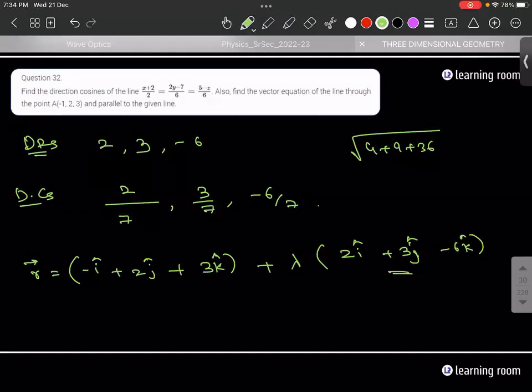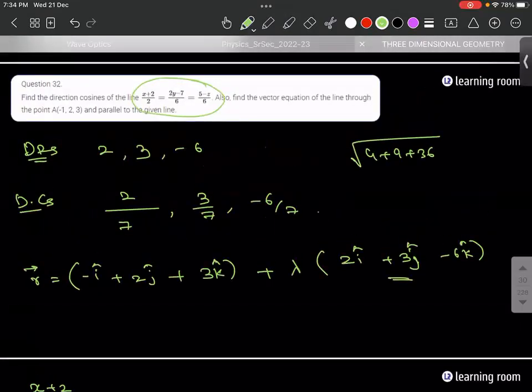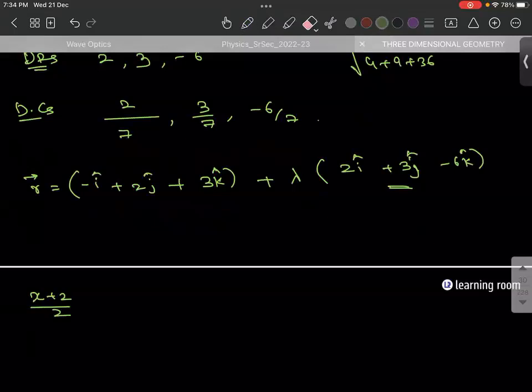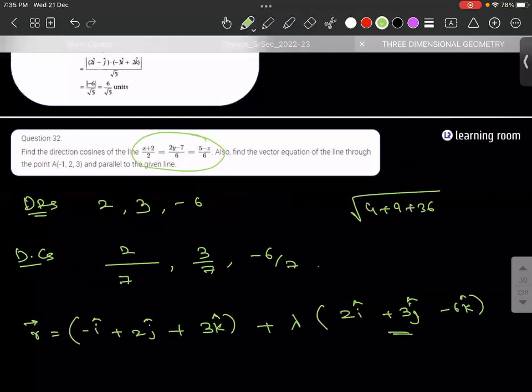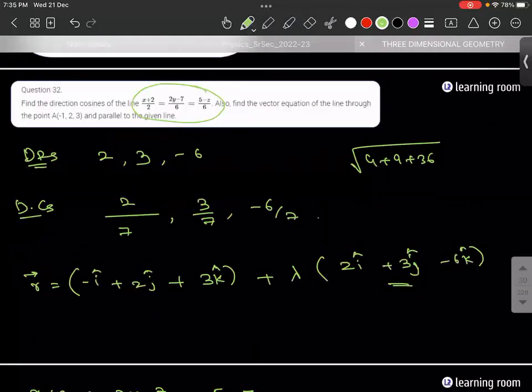Sir, how are the direction ratios 3 and minus 6? Okay. This line is there, no? So how do you write it? (x plus 2) by 2 is equal to (2y minus 7) divided by 6 is equal to (5 minus z) divided by 6.